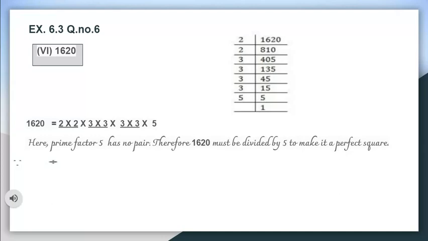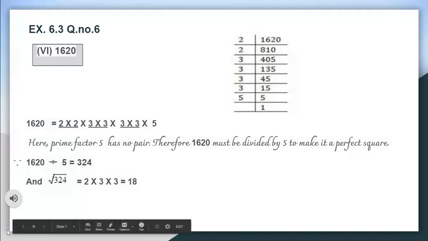Therefore, 1620 must be divided by 5 to make it a perfect square. Therefore, 1620 divided by 5 is equal to 324 and root 324 is equal to 2 into 3 into 3, which is equal to 18. Clear?